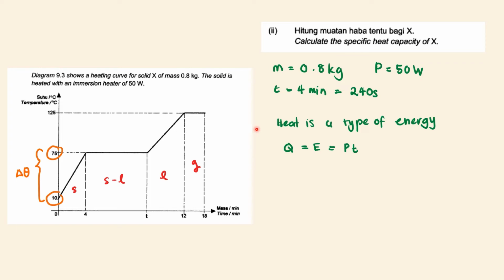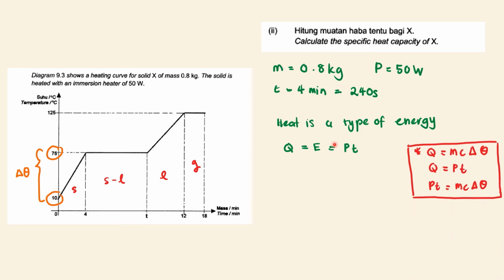It is very important to understand that heat is also a type of energy, which means that heat can also be defined as the product of power and time. As you can see here, the formula for heat in terms of specific heat capacity is a product of mass, specific heat capacity, and the change in temperature. But because it is also a type of energy, it also equals the product of power and time, which gives us the following formula.